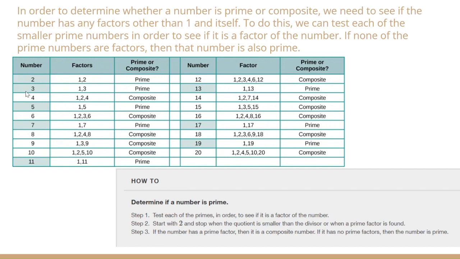So the number 2 has factors 1 and 2, which is 1 and itself, so it's prime. 3 is 1 and 3, so it's prime. 4 can be 1 times 4 or 2 times 2, so it will be composite. So to determine if a number is prime, you just see if the only factors are 1 and itself.